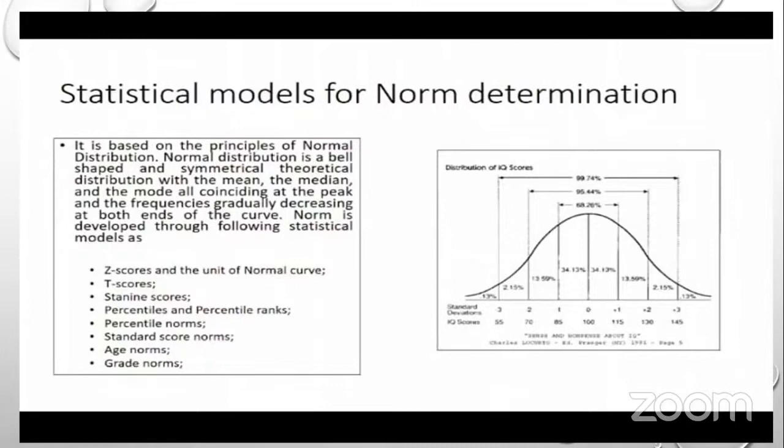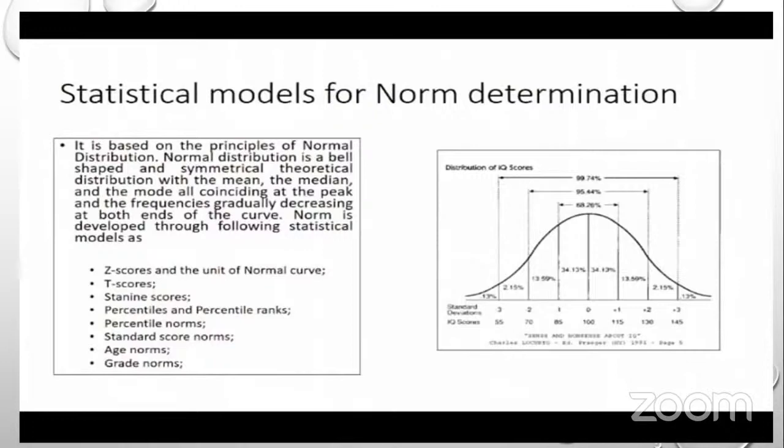That means one side will be negative and the other side will be positive. So norms are mainly developed through the following statistical models. That is basically Z-score, T-score, Stanine scores, percentiles and percentile ranks, percentile norms, standard score norms, age norms, grade norms, etc. So today we will be focusing on T-scores and Z-scores.